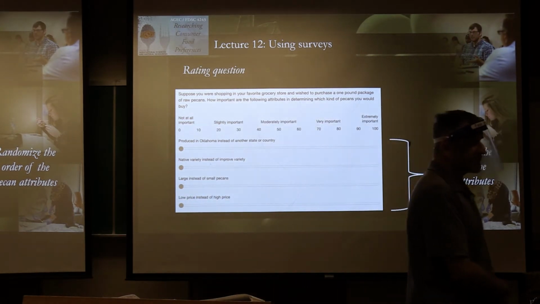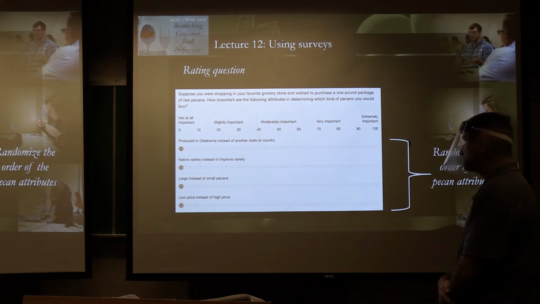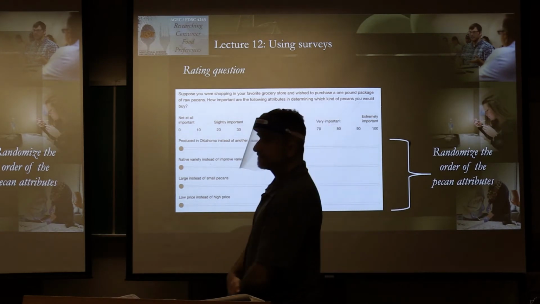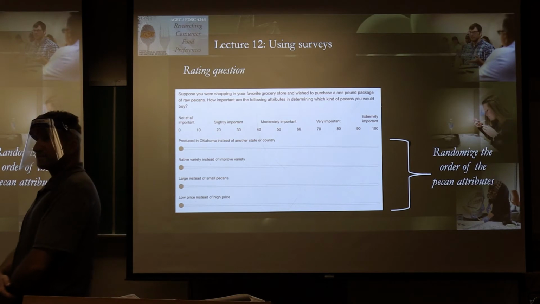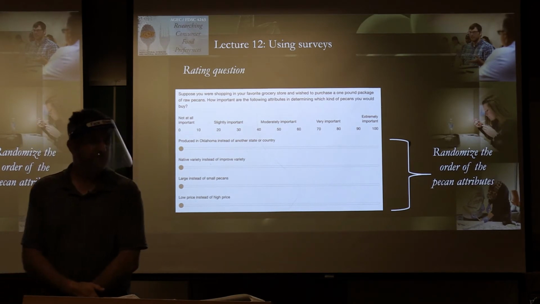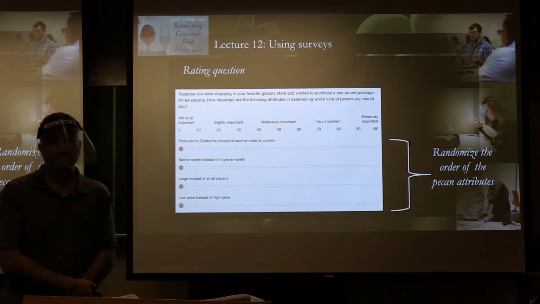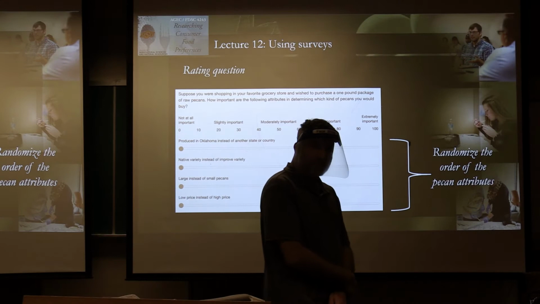What does that suggest when it says native variety instead of improved variety? It should say improved. Does it kind of suggest one is better? Yeah. It's suggesting that you should like natives better. And so that's kind of a biased question.